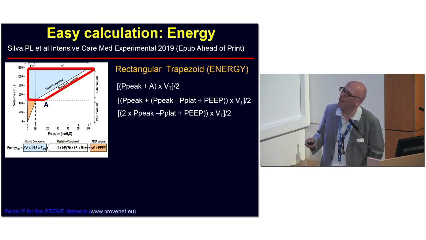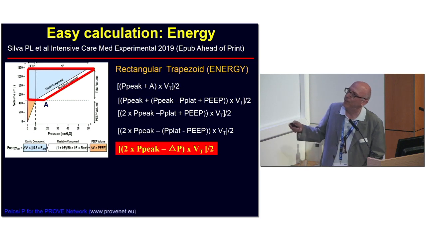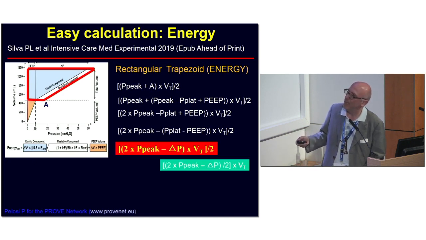Okay? You can follow, and if you develop this equation, you have 2 times peak minus driving pressure, times tidal volume divided by 2, which can be rewritten as 2 times peak pressure minus driving pressure, divided by 2, times tidal volume, which again can be written simply: peak pressure minus driving pressure divided by 2, times tidal volume.